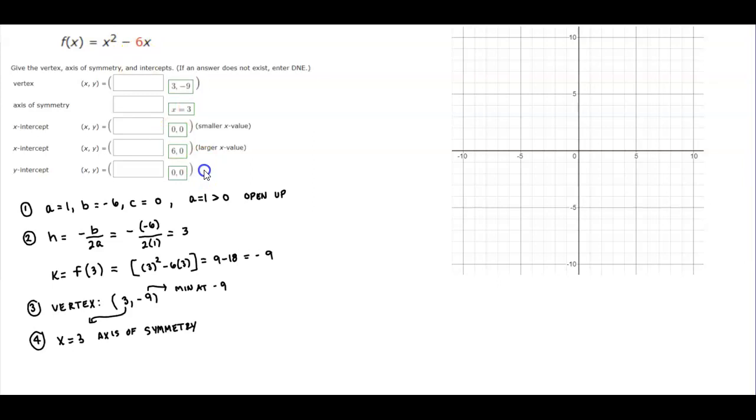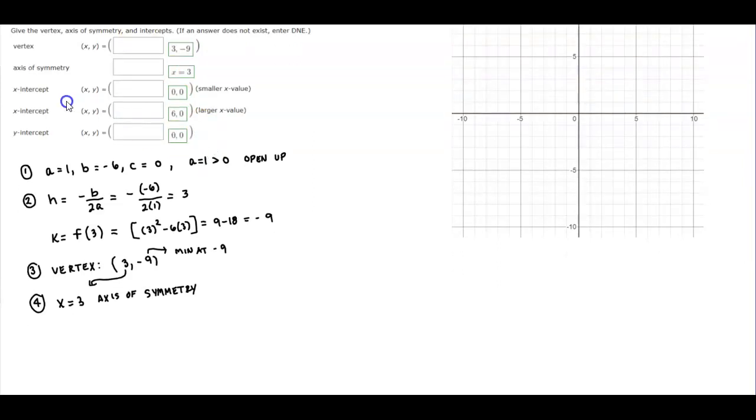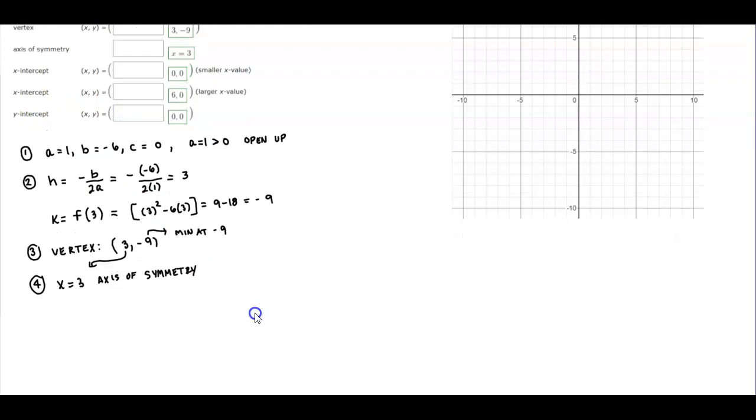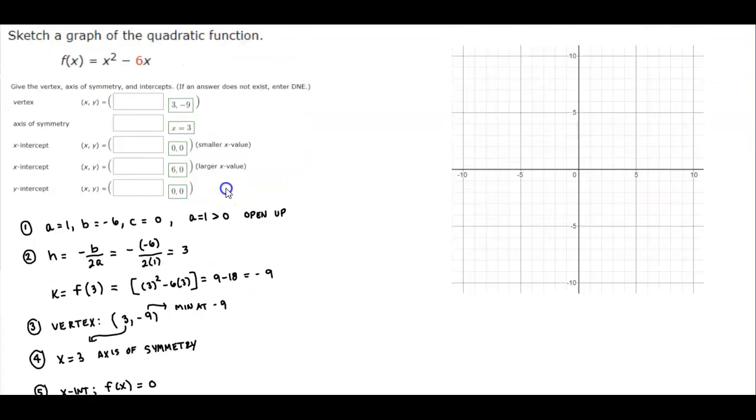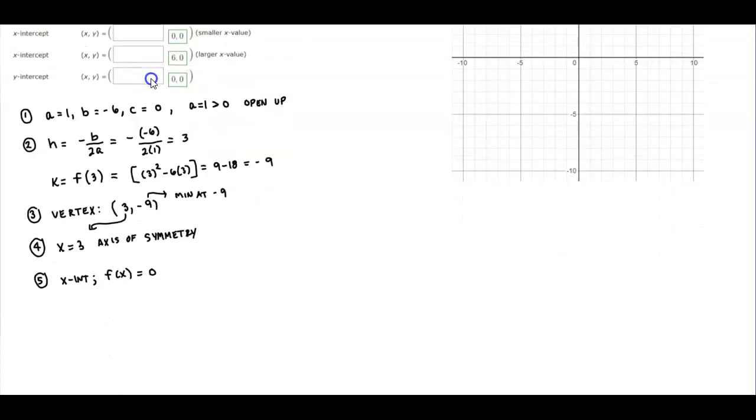Okay, so now what we want to do is figure out what the x and y-intercepts are. So let's find the x-intercepts. When we want to find the x-intercepts, we're going to let y equal 0, or f of x equal 0. So in our given function, we're going to take x squared minus 6x and set that equal to 0.